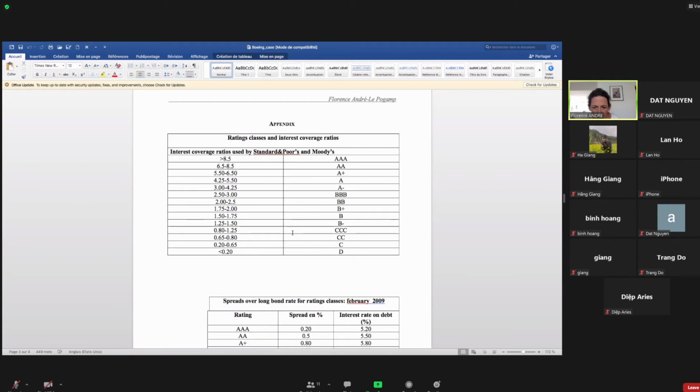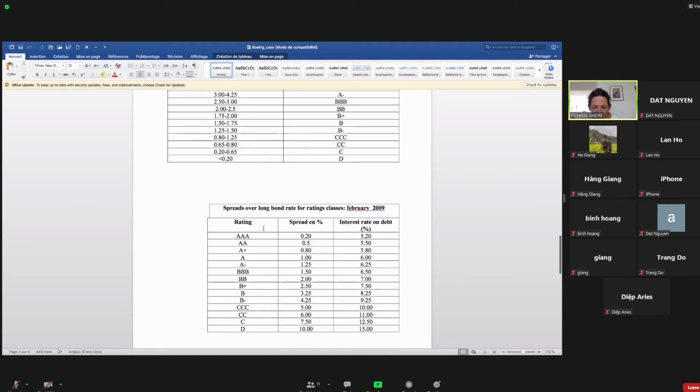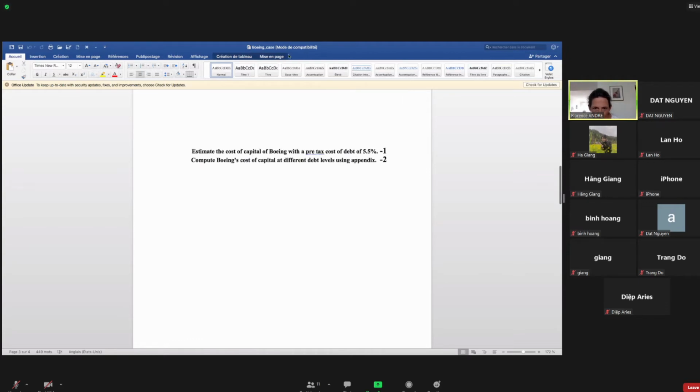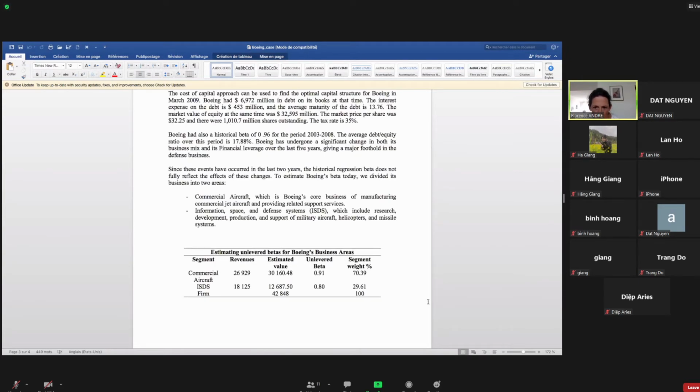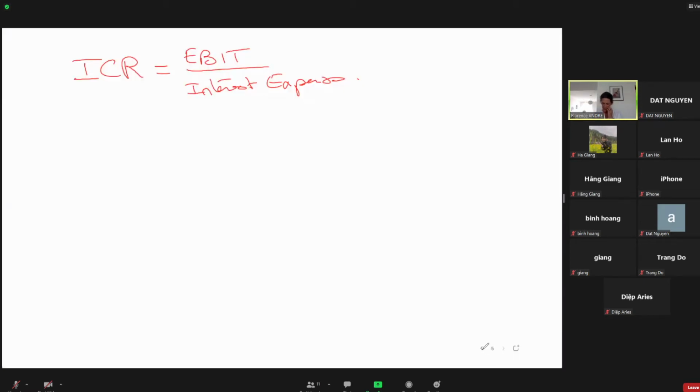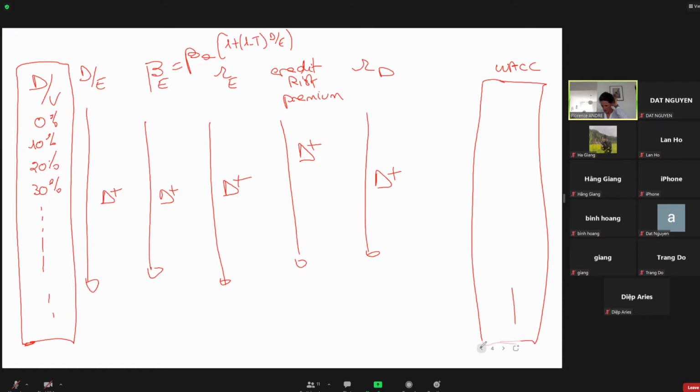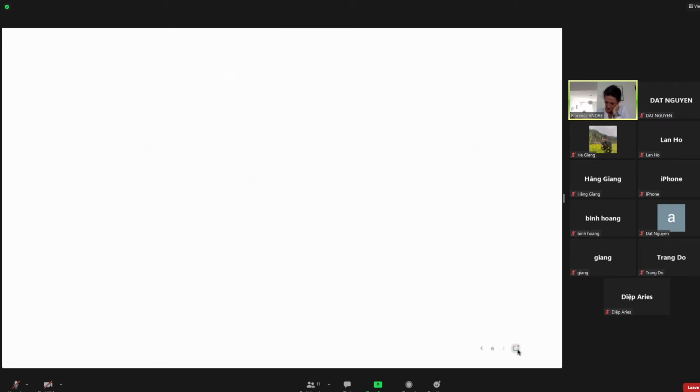And if we have the rating, we will find RD. No, I will add another credit risk in order to calculate RD.